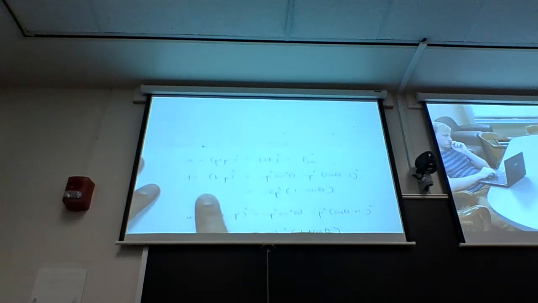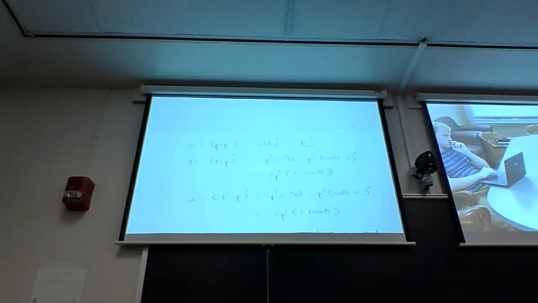For simplicity, I'm going to consider a case where all the particles have the same mass, M. So we have the initial state with p and p prime incoming, and k and k prime outgoing, just using conservation of momentum and conservation of energy. You can write these down, so I can compute S, T, and U.